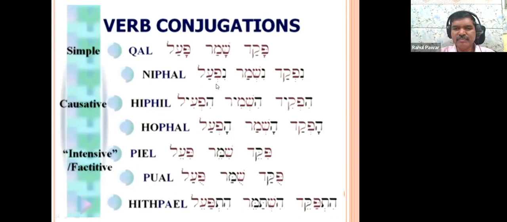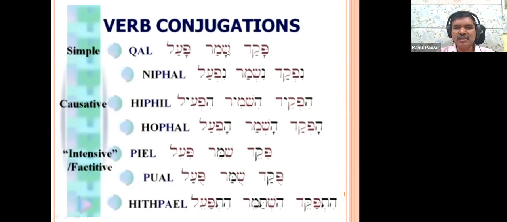From pa'al, the hifil form is hifil. The hopal form is hopal, the piel form is piel, the pual form is pual, and the hitpael form is hitpael.